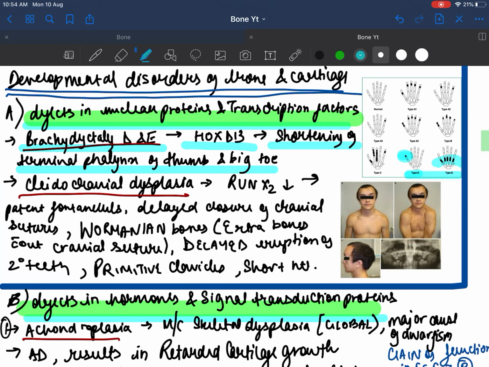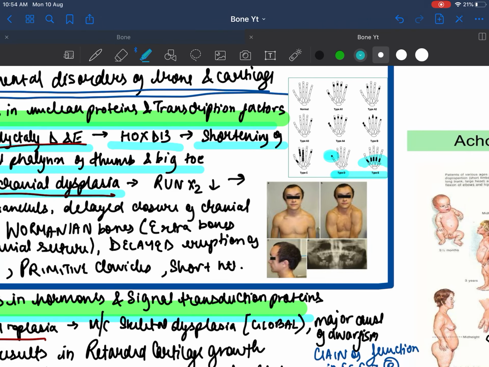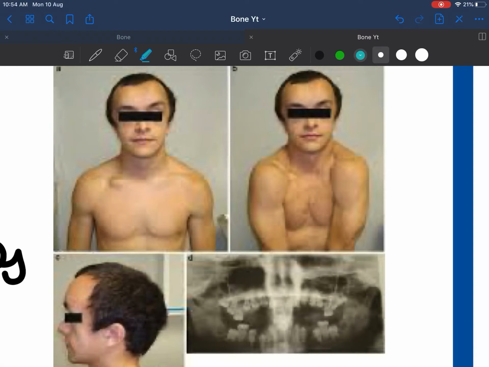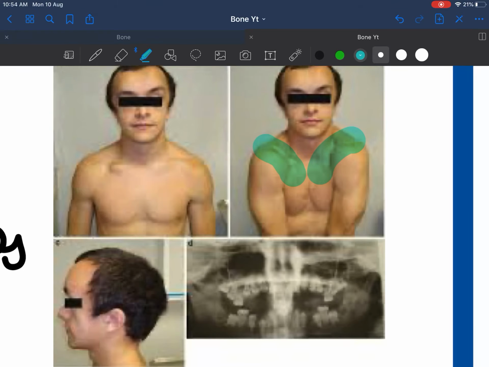Now the second disease was one of the first diseases that we ever studied in MBBS, in the chapter of clavicle in anatomy, in osteology. This is known as cleidocranial dysplasia. A typical patient of cleidocranial dysplasia does not have normal clavicles, which is why he shows this kind of posture.